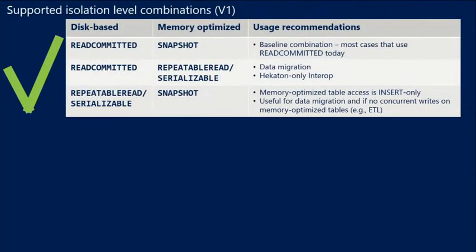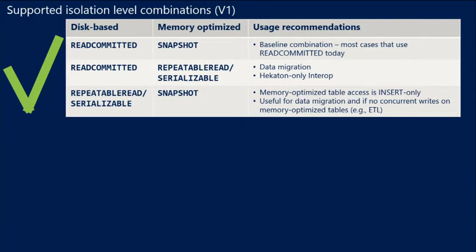So these are the combinations of isolation levels that we do permit. So you can view this like, okay, you use one isolation level to access your disk-based tables, and you use one isolation level to access your memory optimized tables in the same transaction.